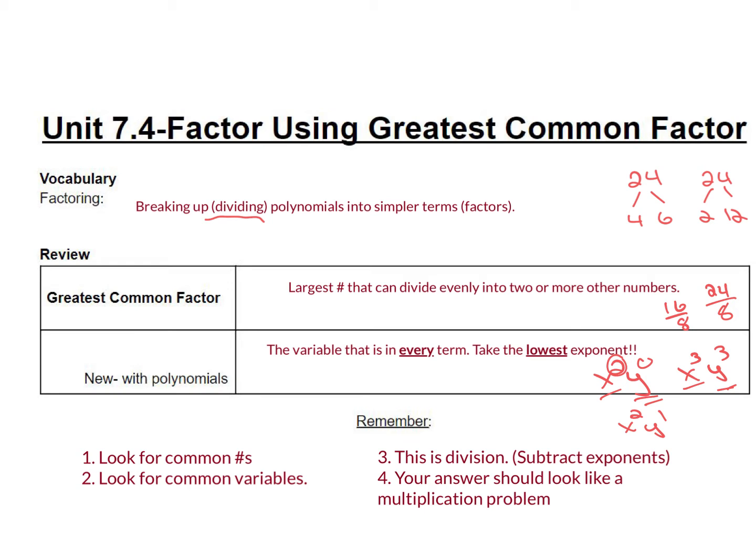When we divide, we want to remember that is when we subtract exponents. And then finally, your answers should look like a multiplication problem, whether we're going to break it into something that looks like a distributive property or something that looks like a binomial times a binomial. That's what our answers should look like. So let's take a look at some examples here.